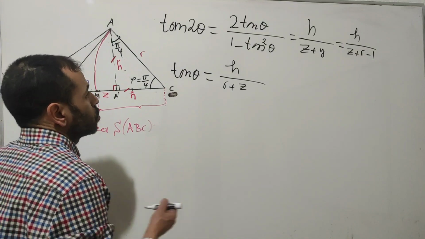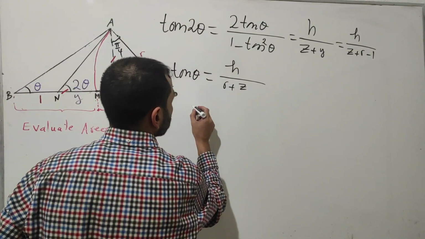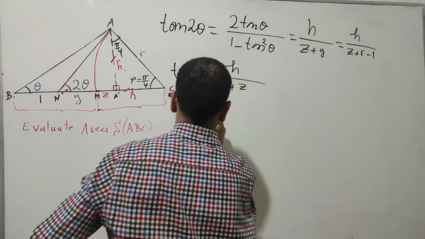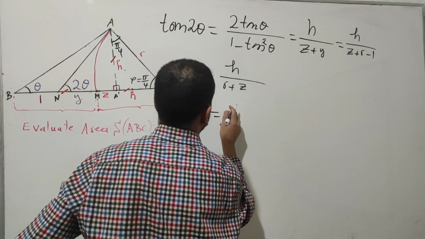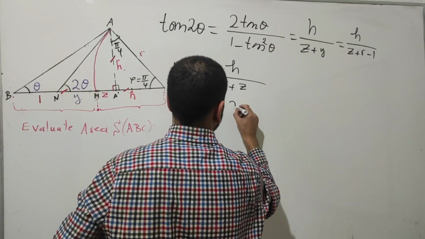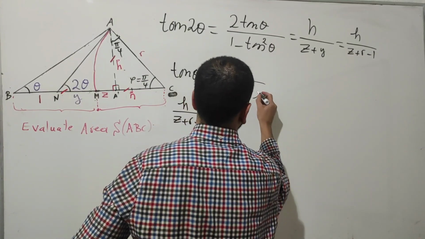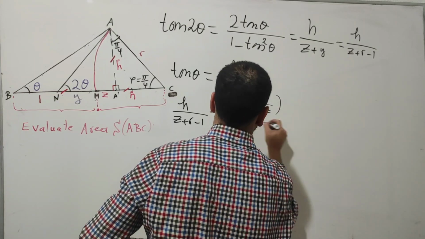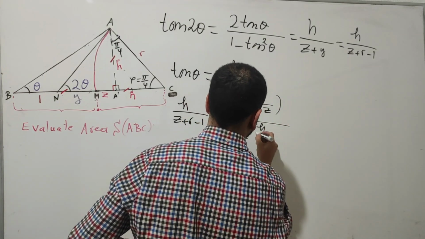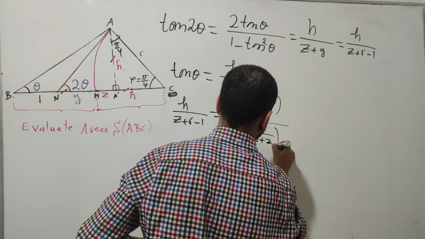I get h all over Z plus R minus 1, which equals 2 times h all over R plus Z, all over 1 minus h all over R plus Z quantity squared.